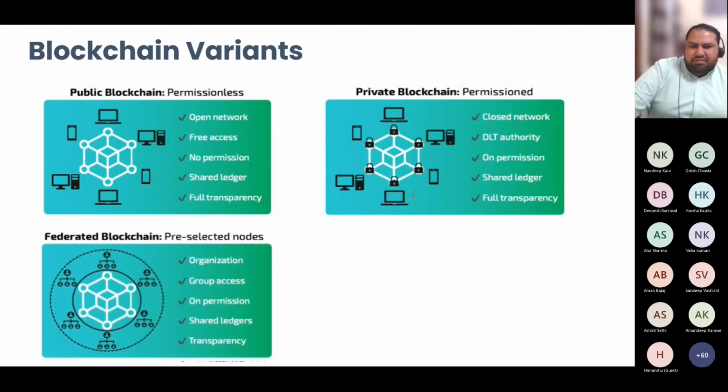The next one is federated blockchain. Like in private blockchain, we have one organization owning the whole network or technology. But federated blockchains, or you can say consortium blockchains, are permissioned blockchains in which a group of organizations is involved instead of one entity.